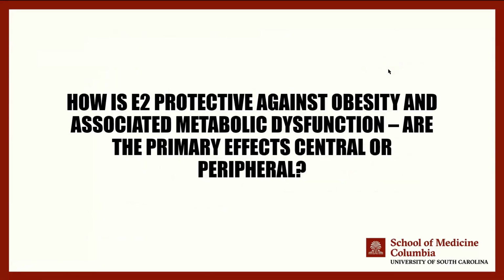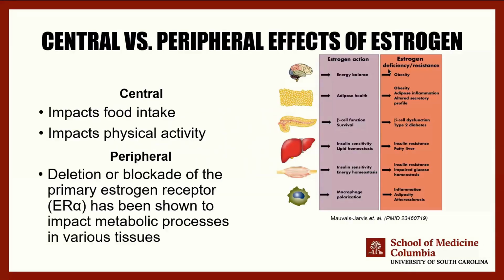So this brings us to the first question: how is E2 protective against obesity and associated metabolic dysfunction? Are the effects central or peripheral? Centrally, we know from previous research by established investigators that removal of E2 from the brain leads to increased food intake and decreased physical activity.